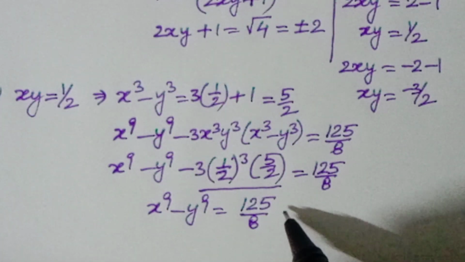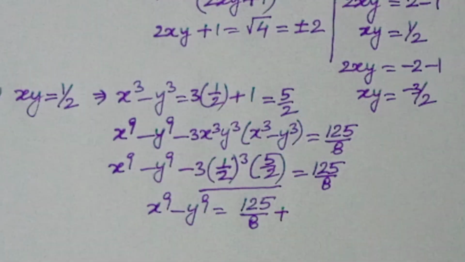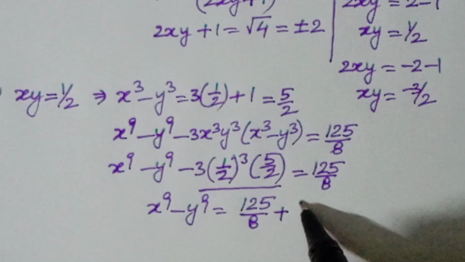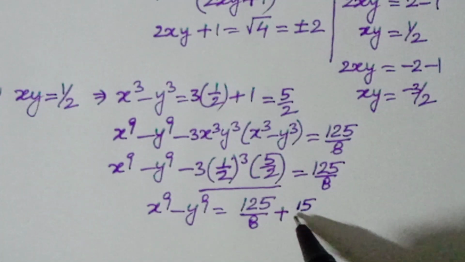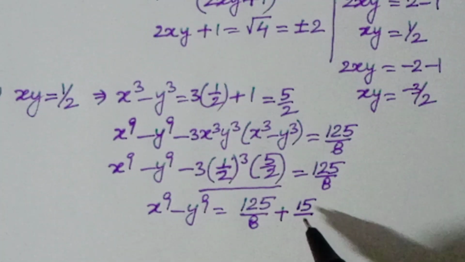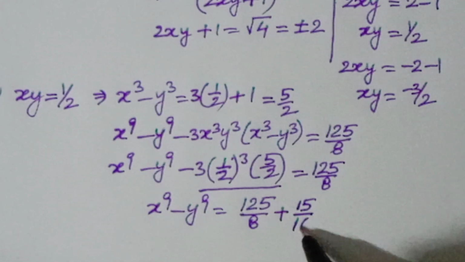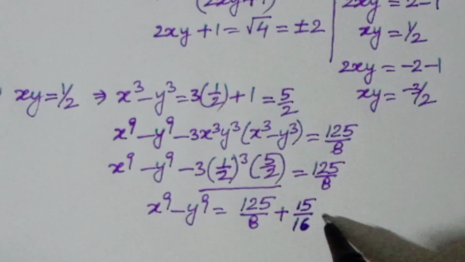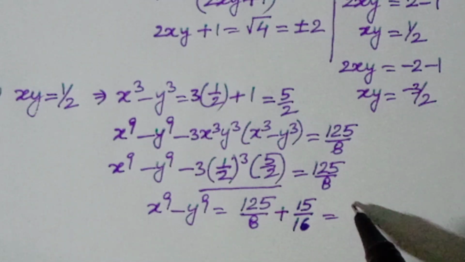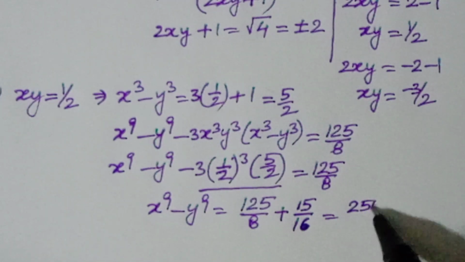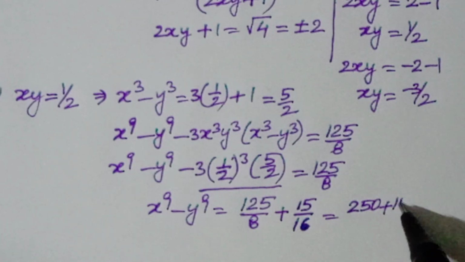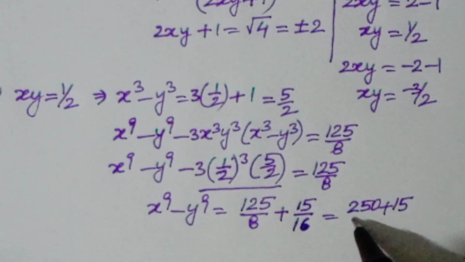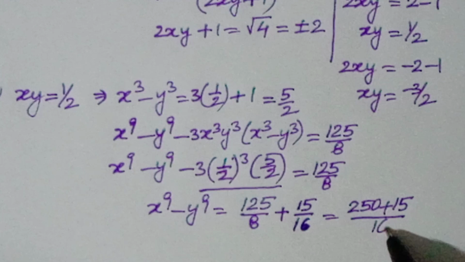Here you will get positive value plus 5 3s are 15, 15 by 16 now. If we take LCM, here you will get 250 plus 15 by 16 now.